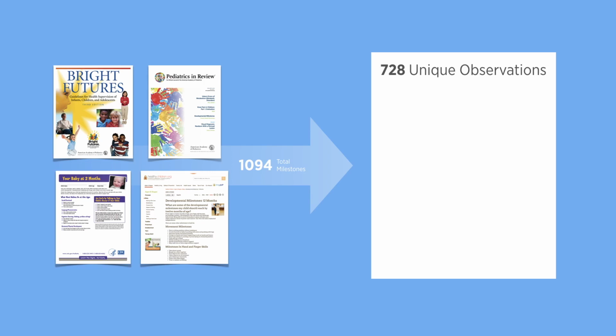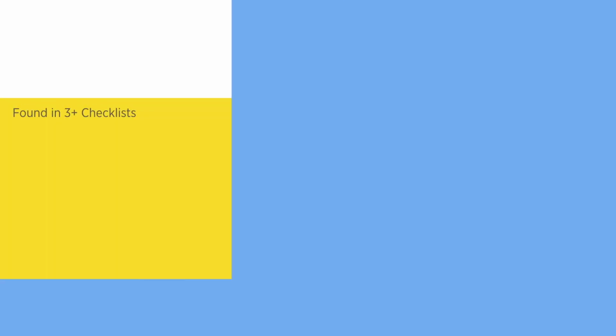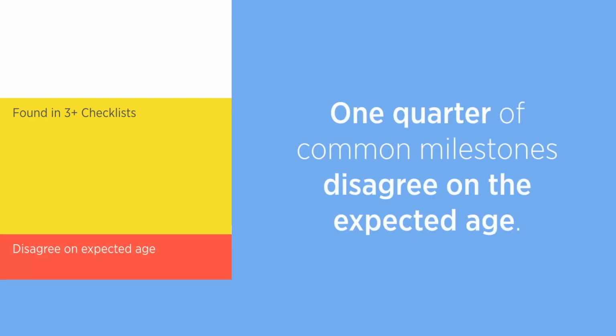However, only 40 of those 728 observations mapped to milestones that were present in all 4 checklists, and only 130 of those 728 observations mapped to at least 3 of the checklists. In addition, of the 130 observations that were included in at least 3 of the milestone checklists, 1/4 were mapped to milestones that didn't agree on the age at which the developmental milestone was supposed to occur.